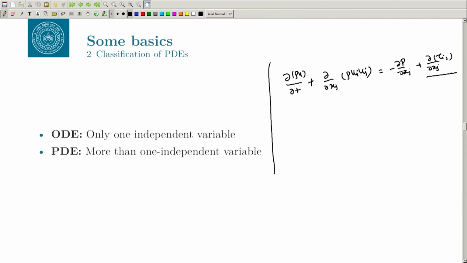Here, the independent variables are t and x j, which are basically x, y and z if it is a 3-dimensional flow. And the dependent variables are rho, u, v, p and all those things.